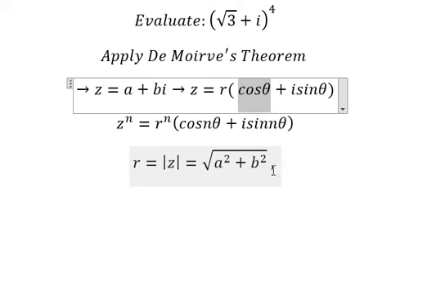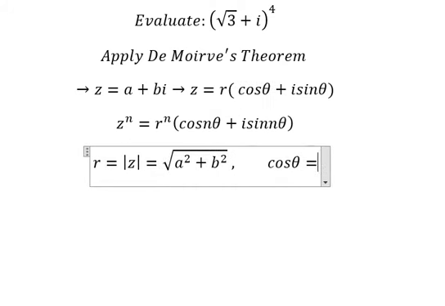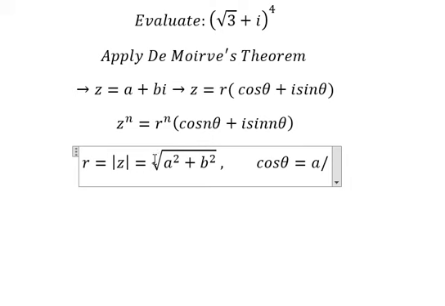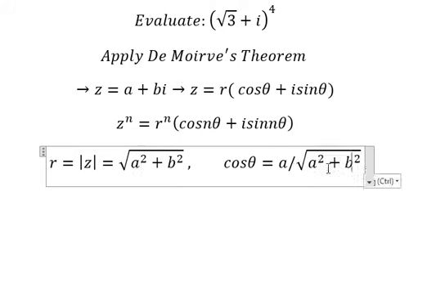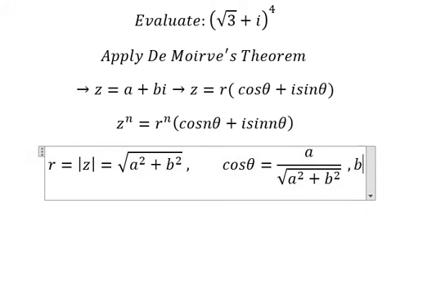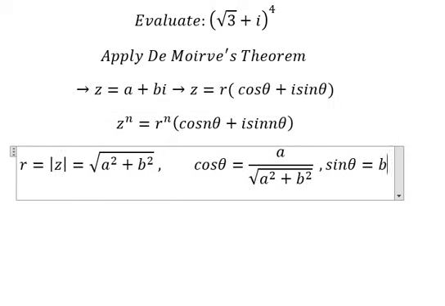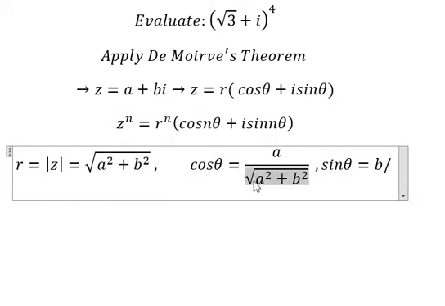Cosine theta is a over the square root of a squared plus b squared, and sine theta is b over this one.